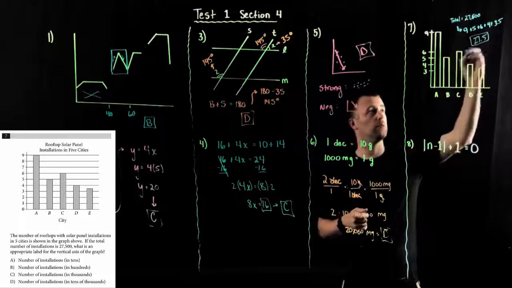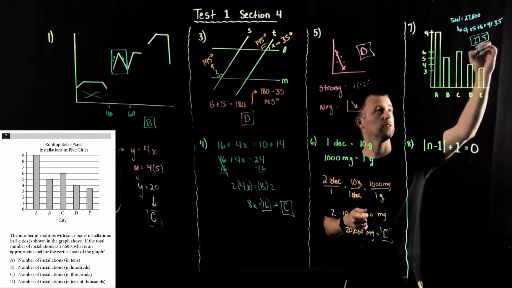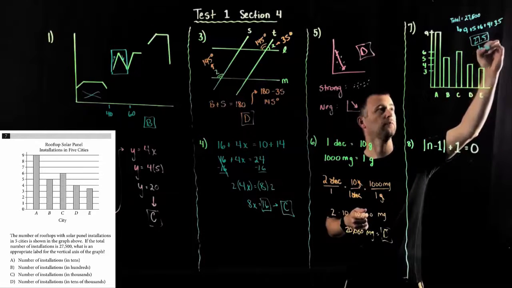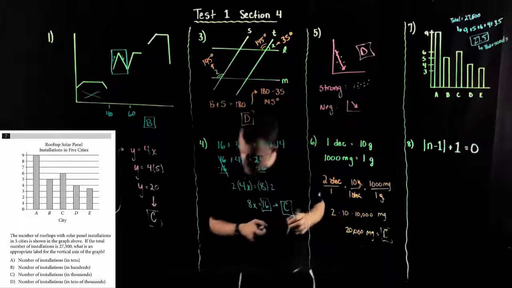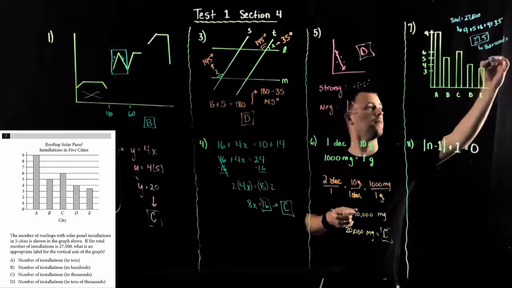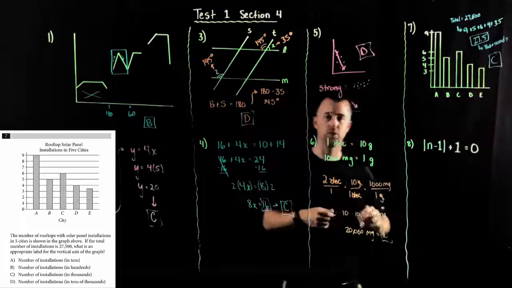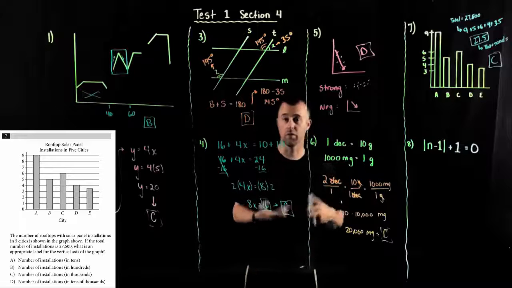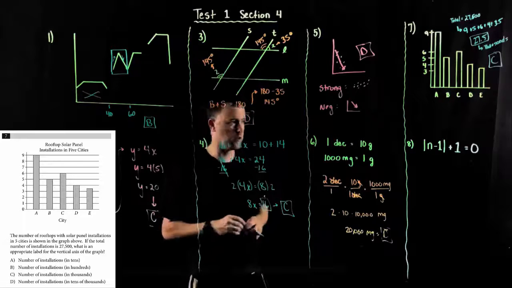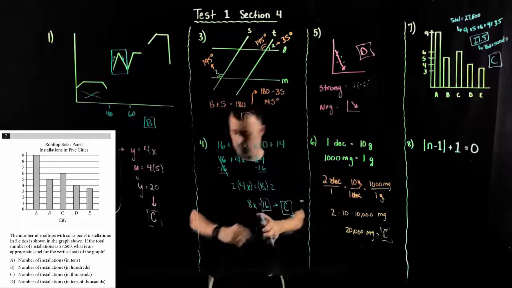So this is going to be represented in thousands, because it's 27.5 thousand. The one that has it in thousands is going to be C. So this is answer choice C. That should be labeled in thousands of roofs, because otherwise it's going to give me 27.5 roofs, but I have to get it in the right unit. So that's number 7.